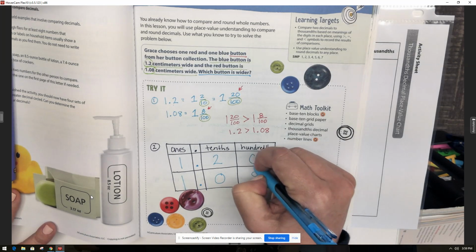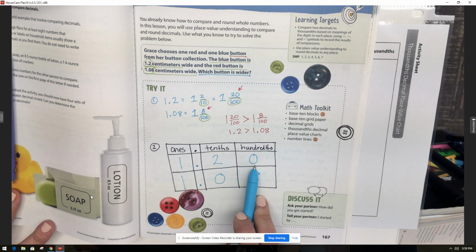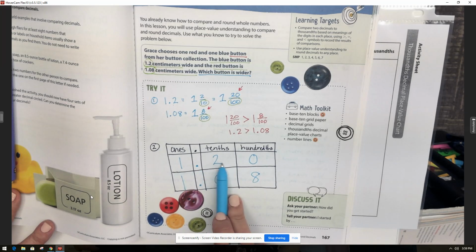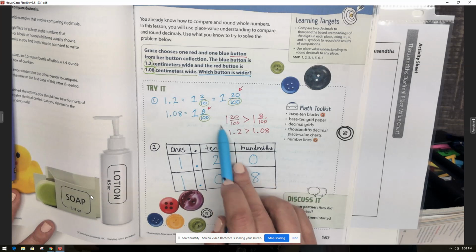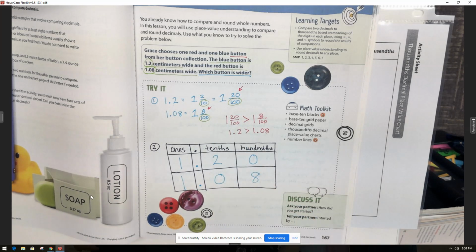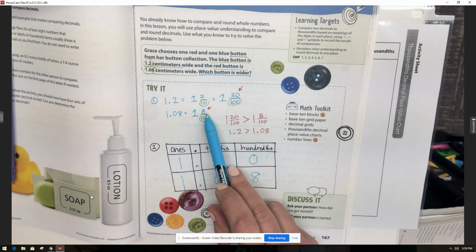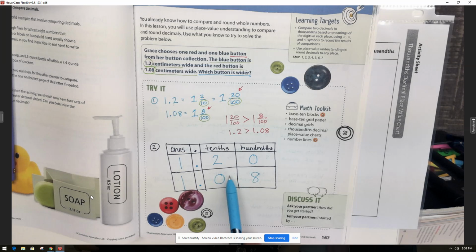That's right, a 0. So if we want, we could put a 0 in here. That still makes this 1 and 2/10. It's now going to be 1 and 20/100, which, as we know up here, is an equivalent fraction to 1 and 2/10. So it's equivalent.